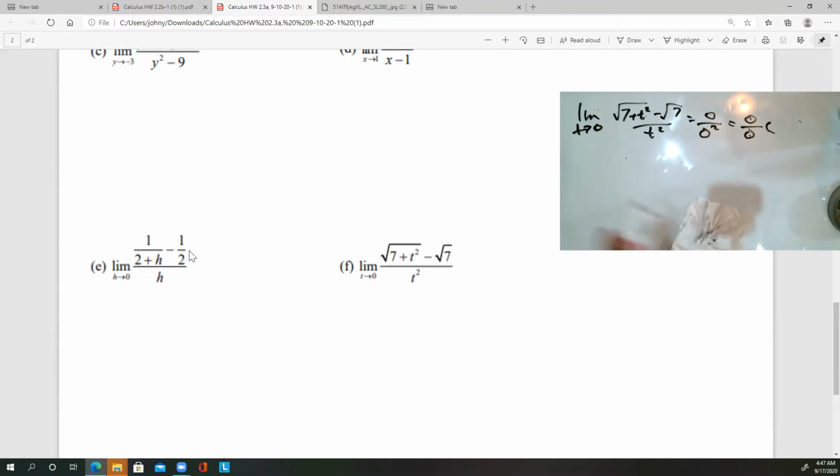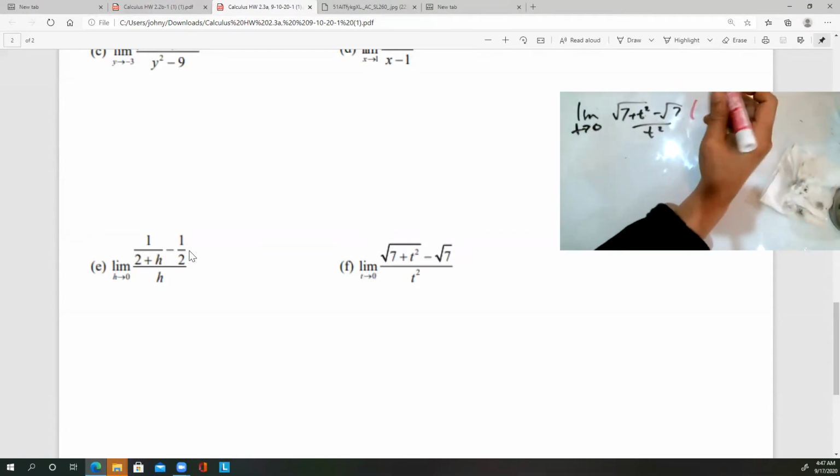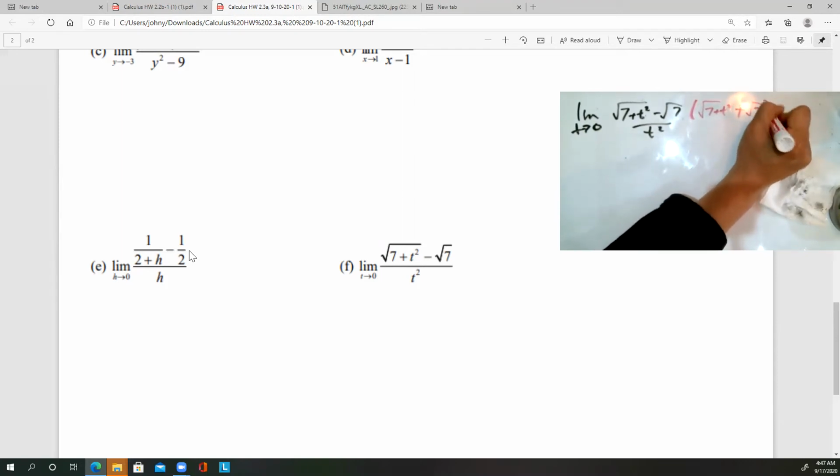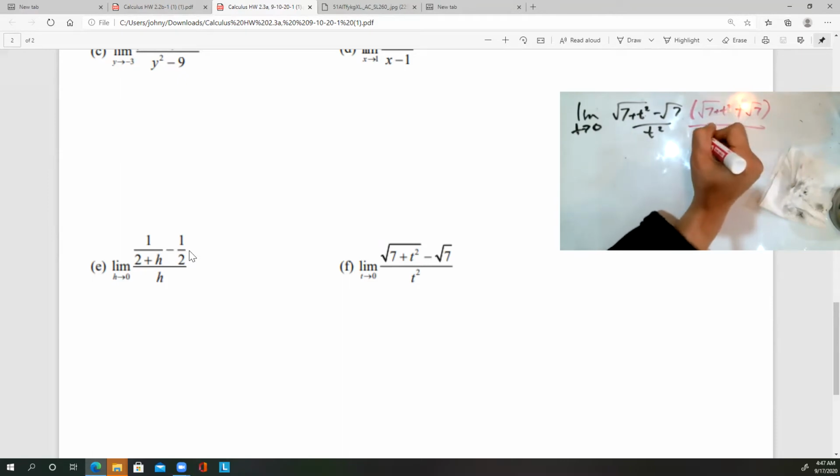It's going to be the square root of 7 plus t squared plus the square root of 7. Since we multiply the numerator, I can multiply the denominator by the same thing.